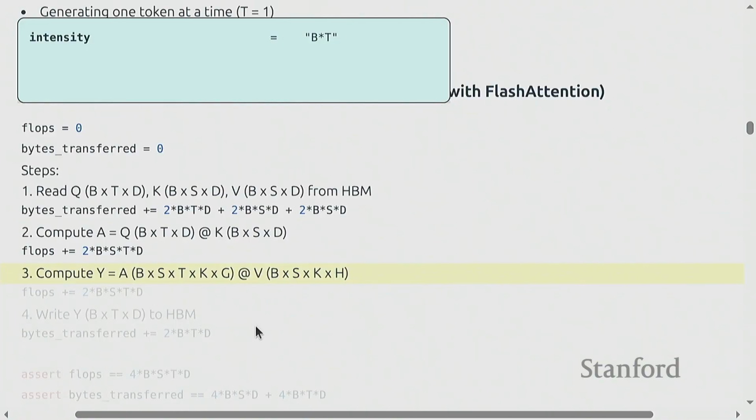Then you take a combination of this and V. Actually, this is mathematically incorrect because there are softmaxes there, but the essence of the matmuls is the same. So that's the same number of flops, and then you write to HBM.